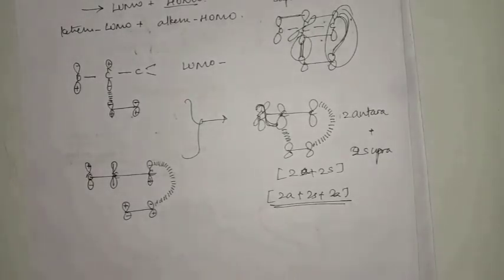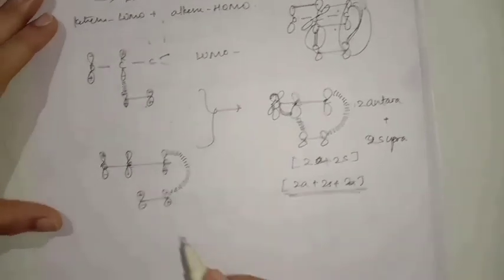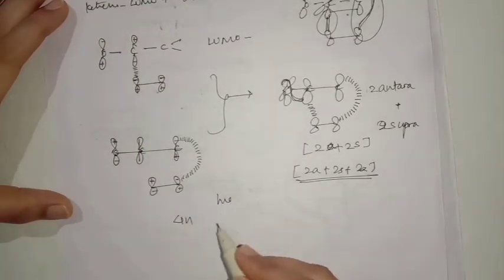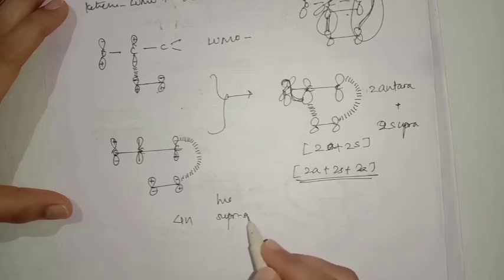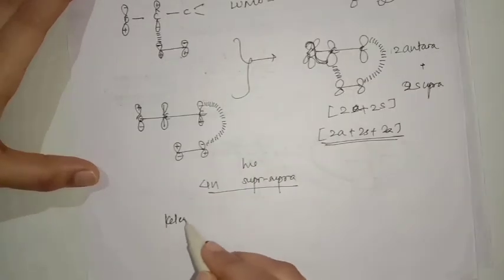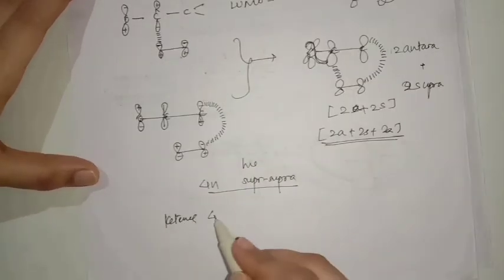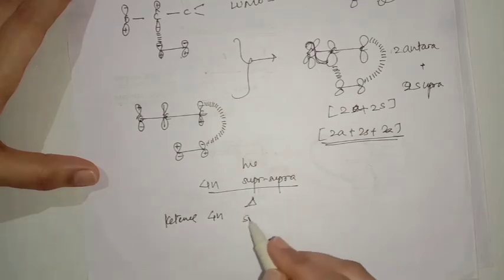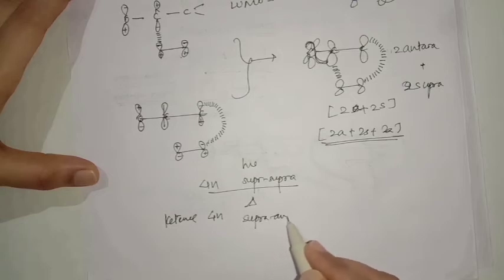Okay. In case of a normal 4n electron system, it is allowed photochemically by suprafacial addition, right? This was our first conclusion from our last lectures. But in case of a ketene, there is some change: even if the reaction contains a 4n electron system, it is allowed thermally by supra intrafacial manner. Why?